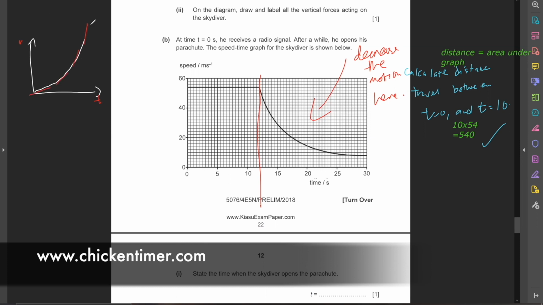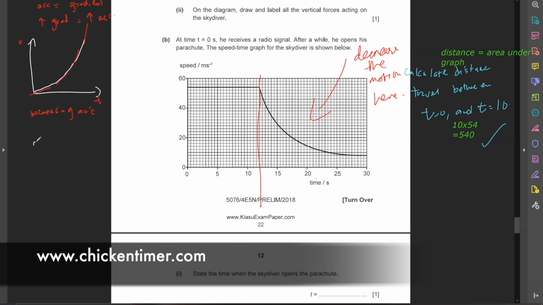That means acceleration equals gradient. So an increasing gradient equals increased acceleration. So this is decreasing acceleration. Okay, this is increasing acceleration. So then you say decreasing acceleration. Right?